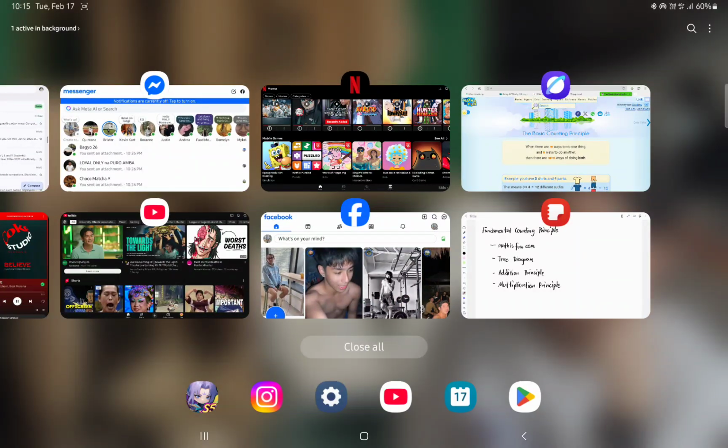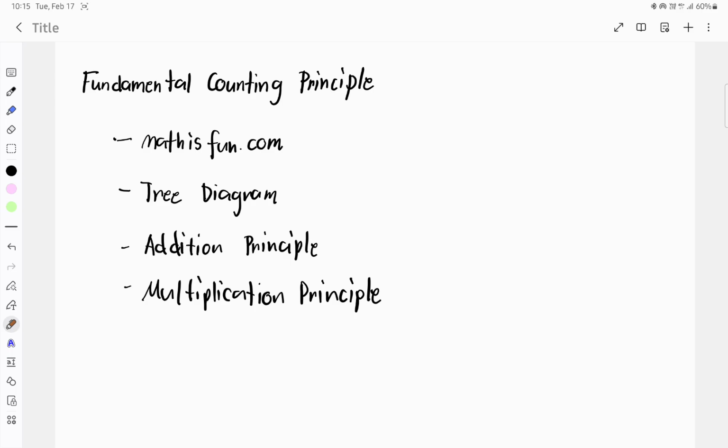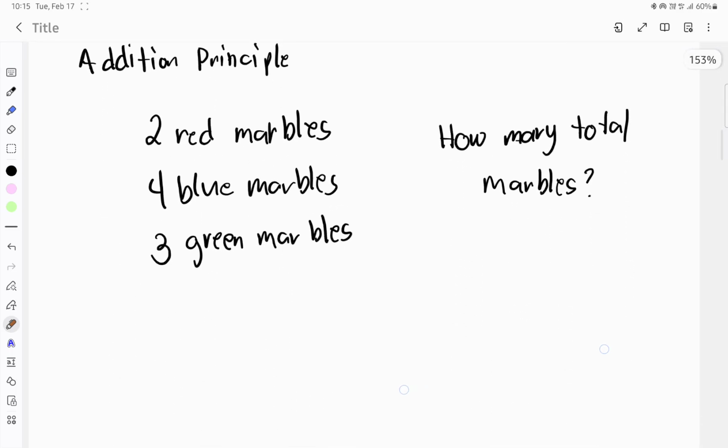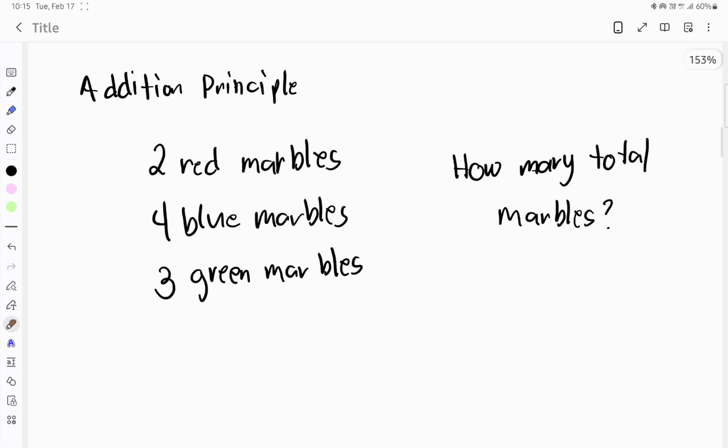Now let's go back and look at the addition principle. What the website is telling you is the principle of multiplication. However, for example, there are 2 red marbles, 4 blue marbles, and 3 green marbles. The question is, how many total marbles are there?